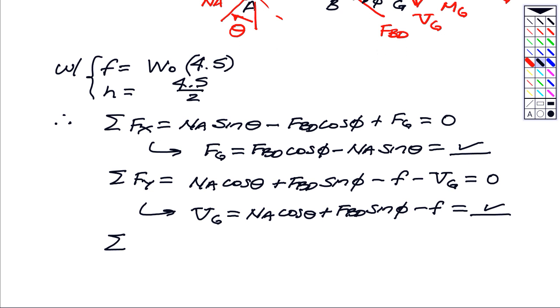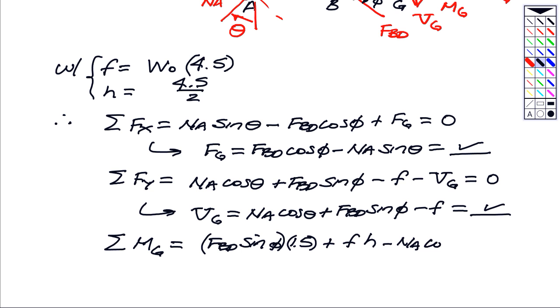So what I'm going to do lastly here is a summation of moments about the right end, G. Summing moments about G, I have FBD times sine phi. That force about G has a moment arm of 1.5. The applied force F has a moment arm of H, that's a plus sign. We have minus NA times cosine of theta. That's the y component of force, and it has a moment arm of 4.5.